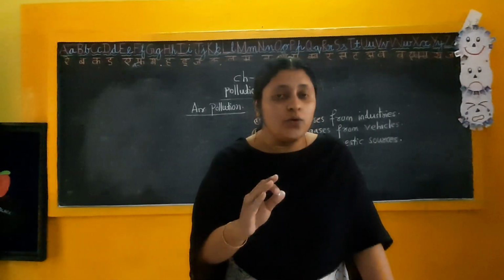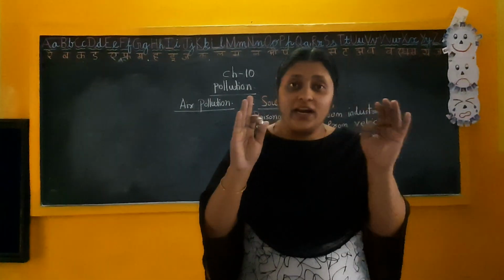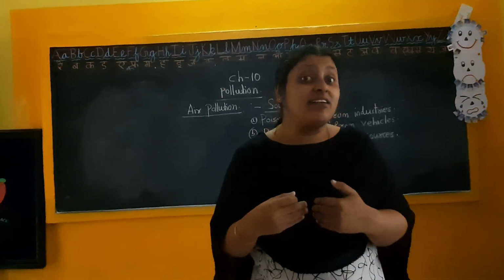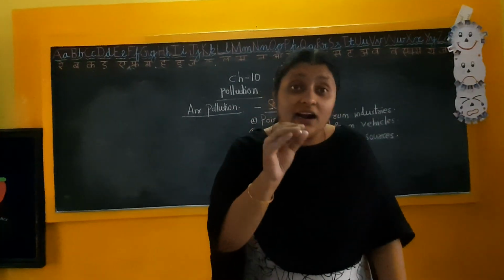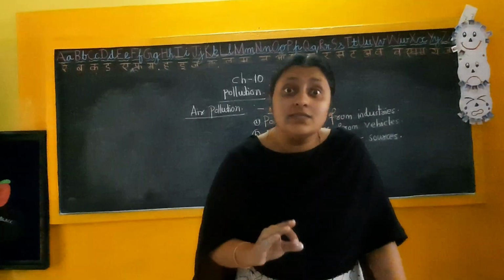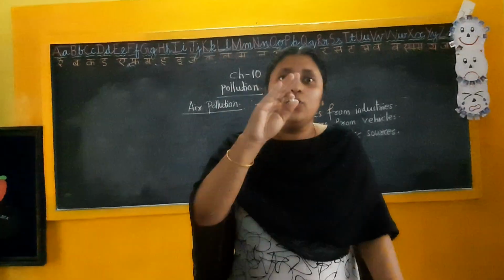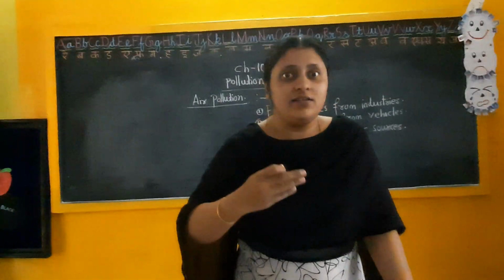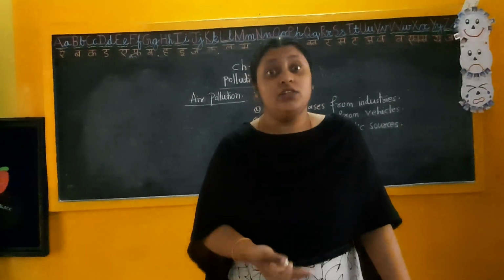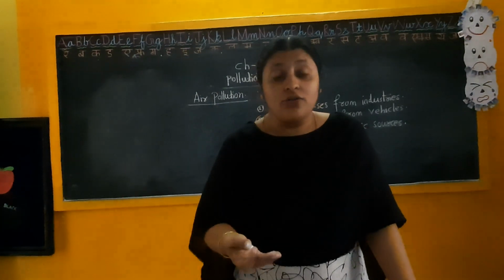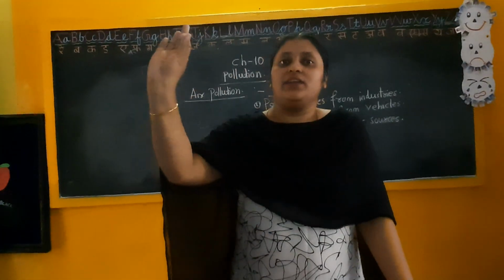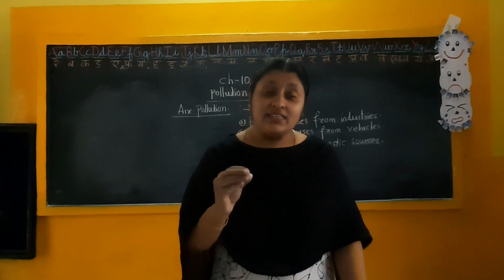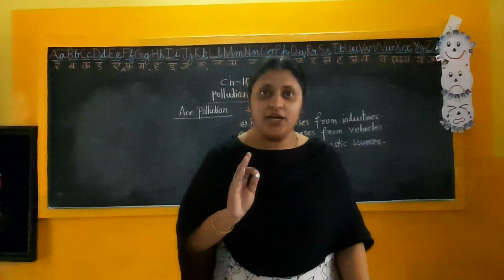The ozone layer is protecting our earth from ultraviolet rays, because ultraviolet rays can cause cancer, isn't it? But with the use of chlorofluorocarbons, it is affecting the ozone layer. So that is another important source of air pollution.